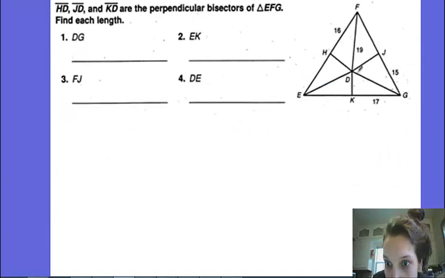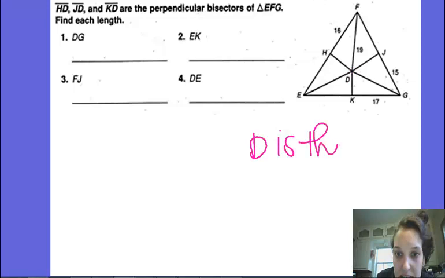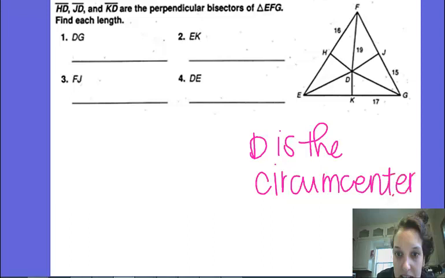So that means that from D to F is going to be 19, from D to E is going to be 19, and from D to G is going to be 19. So when it asks what's the length of DG, it's 19. What's the length of DE? It's 19. So from the circumcenter to all 3 vertices, it's the same length.